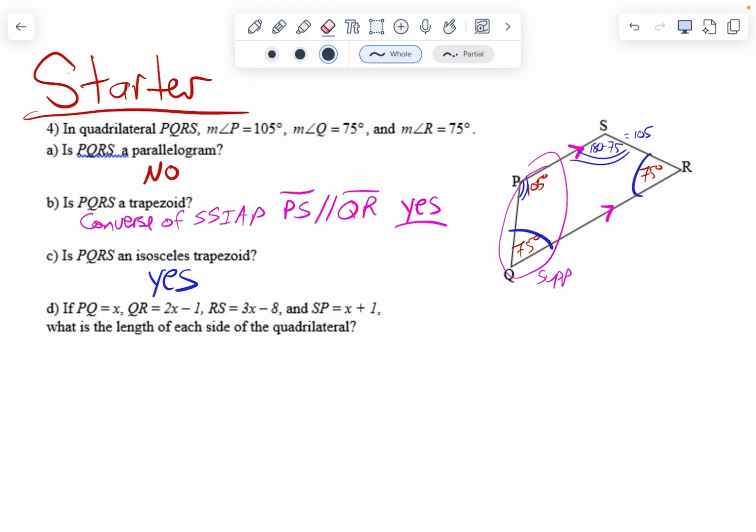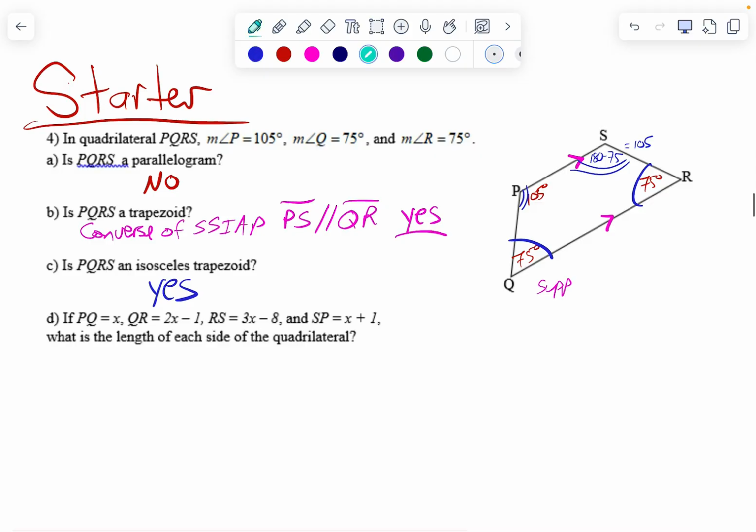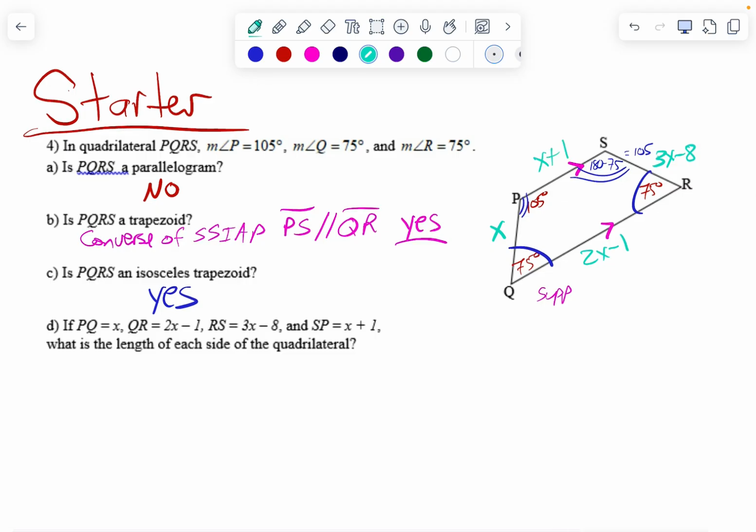So let's get rid of some of this busyness. So PQ is x, QR 2x minus 1, RS 3x minus 8, SP x plus 1. Okay. What do we do with those side lengths to be able to solve for x? We have 4 different expressions for it.